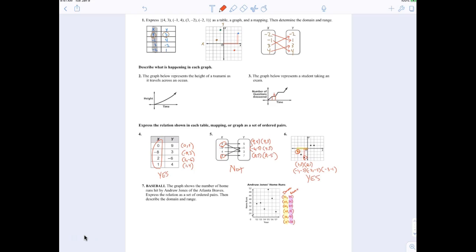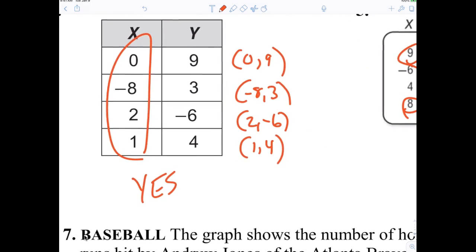In this case, number 4, all I want you to do is look at 0, -8, 2, 1. Those are all different. So it's a function. Now, if I said this was 9, 9, 9, 9, is it still a function? Yes, because it has nothing to do with the y values. If somebody asks you, is it a function, all you do is look at the x's.